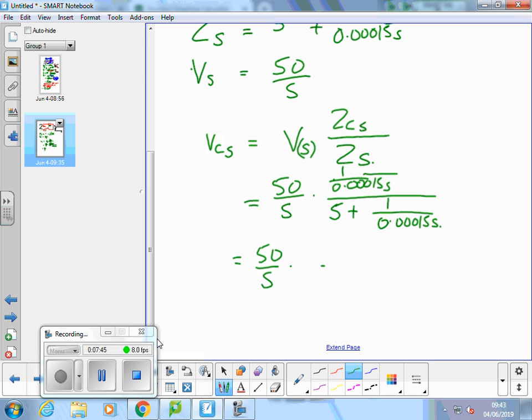This bit here is effectively over 1, so that's got to become 1 over to turn it up.